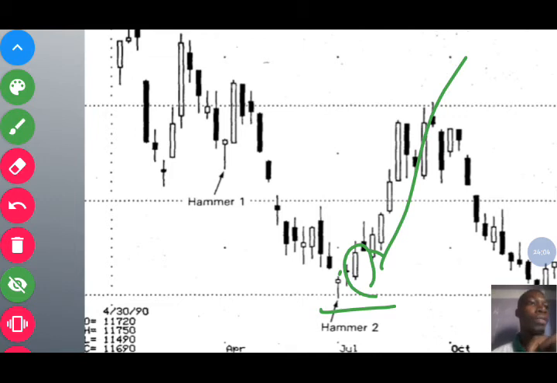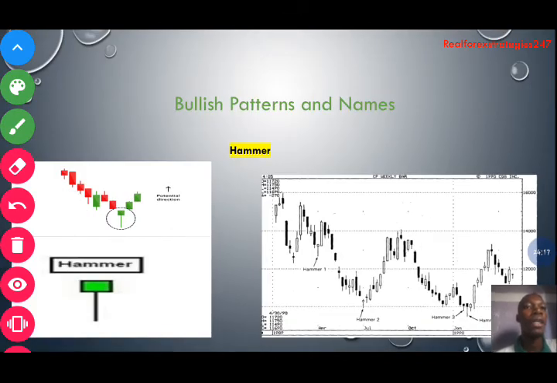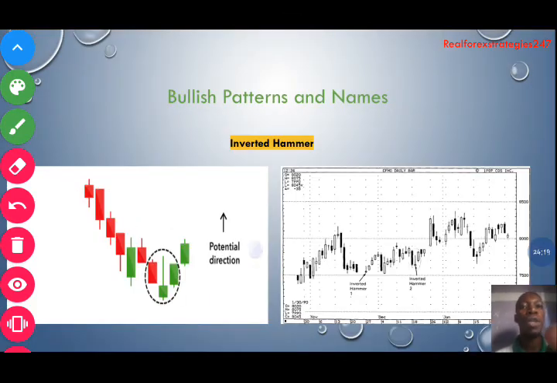Now moving on to the next type of pattern. I don't want to spend much time doing this. So let's just move on to the next type of bullish pattern. This one is a hammer, and we have what we call an inverted hammer. It looks like a hammer, but it is upside down.